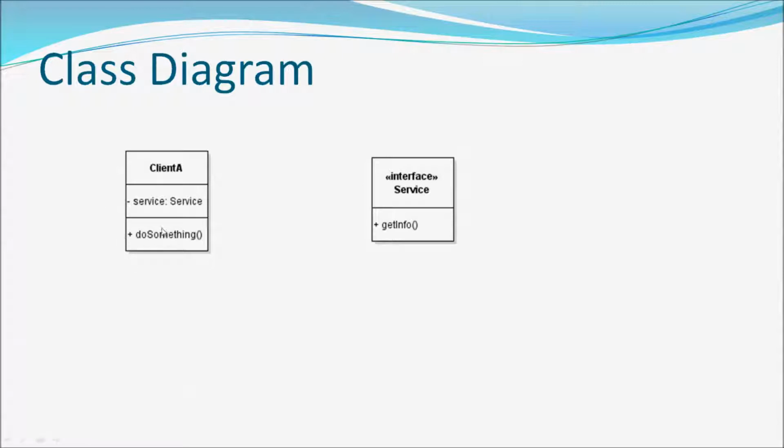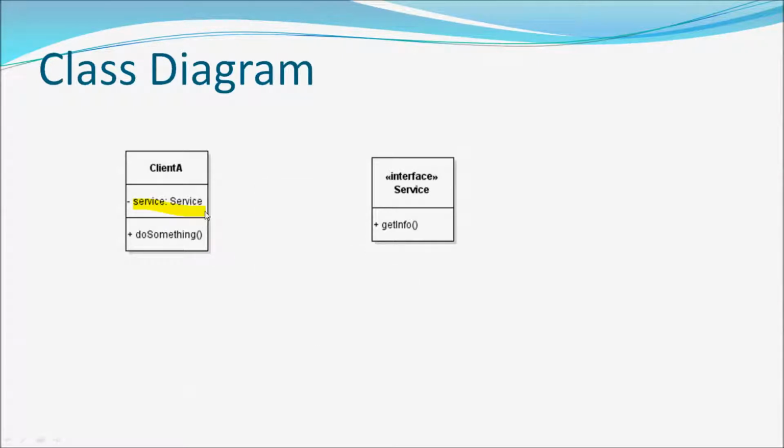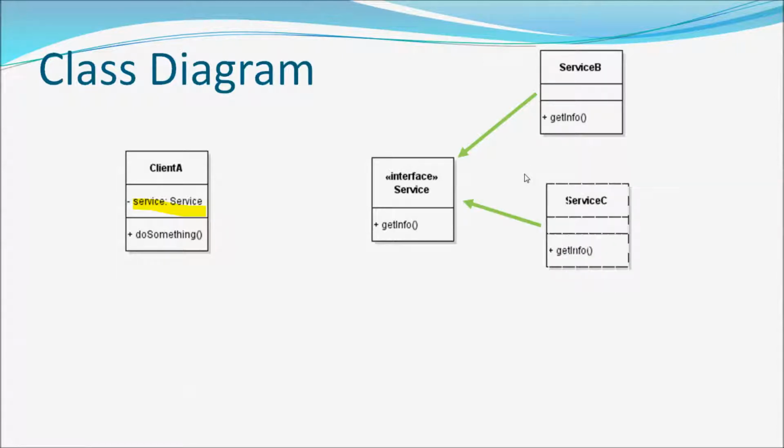The ClientA class depends on the service, so it has a reference to the Service interface here. And we have some implementation classes of the Service interface: ServiceB, ServiceC, and ServiceD.